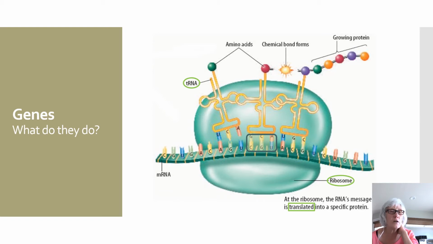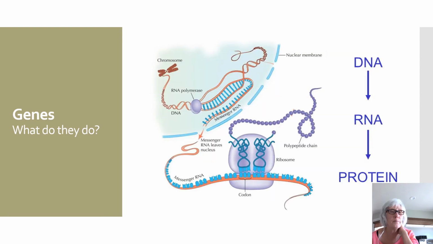Each of the tRNAs will bring in an amino acid, and the ribosome will catalyze a chemical reaction between those amino acids to create a growing amino acid chain. That is the protein. So the central dogma of molecular biology is that we read the DNA, convert it to RNA, and then we translate that RNA into protein.